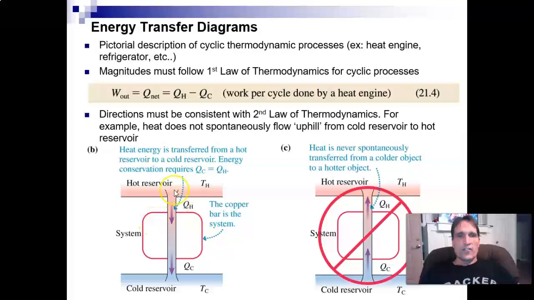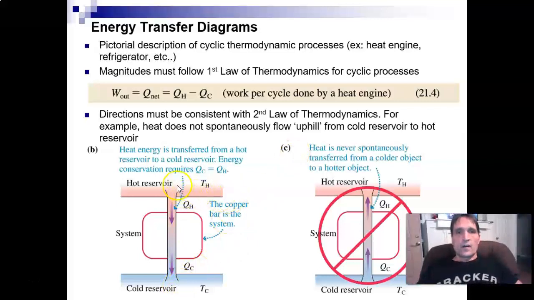Here is the heat energy diagram for a heat engine. Actually, I'm sorry. This is an example of a heat energy diagram just for a copper bar, which is in contact with a hotter body, maybe a stove, and a colder reservoir, maybe your hand. Hopefully you wouldn't do this, but suppose you did.